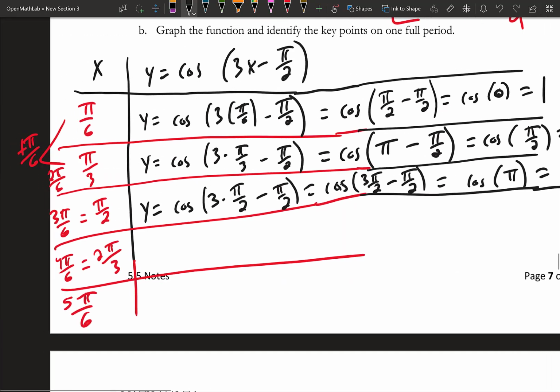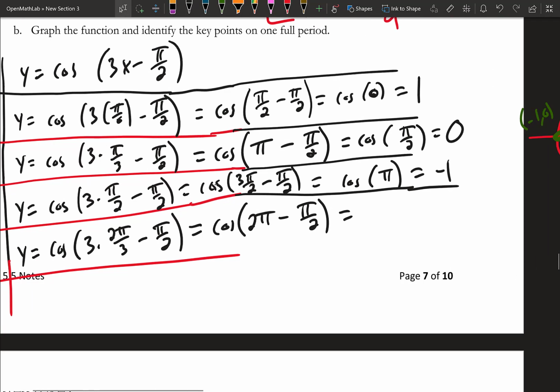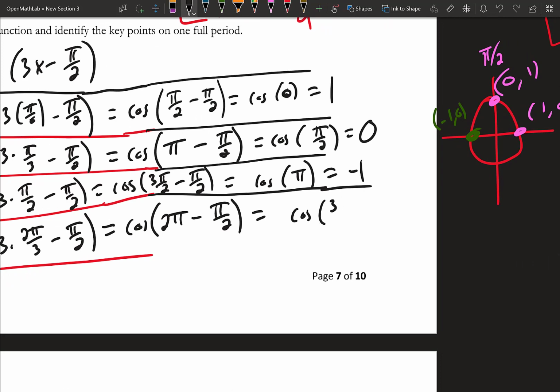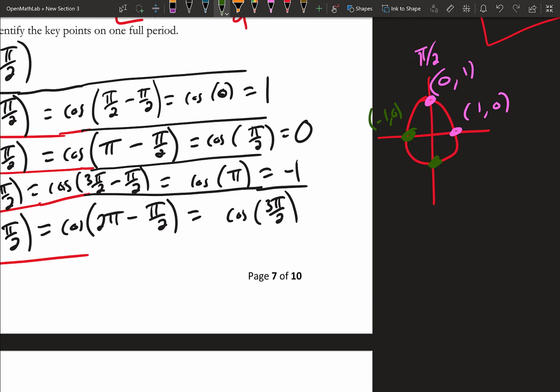And then for the next one, y equals cosine of 3 times 2 pi over 3 minus pi over 2, which would be equal to cosine of, 3 times 2 pi over 3 would be 2 pi, minus pi over 2, which is cosine of 3 pi over 2. Right, so now we are here. That's the point 0, -1. The x-coordinate is 0, so this would be equal to 0.